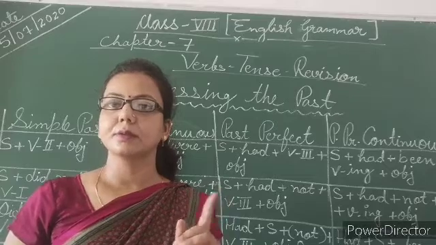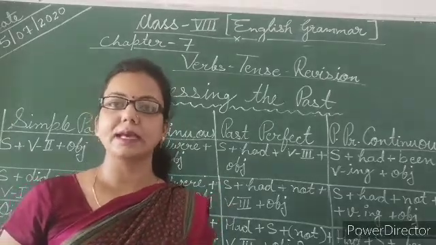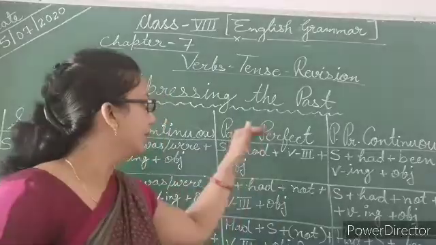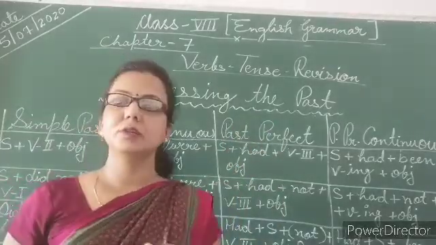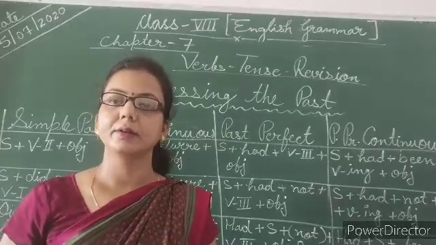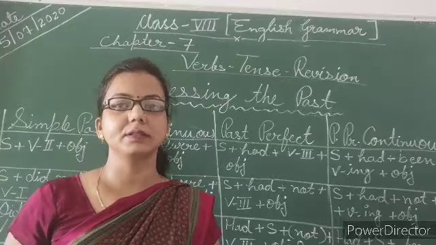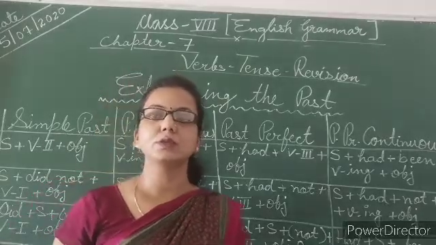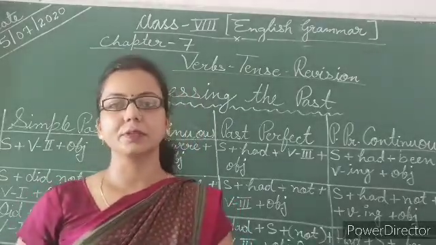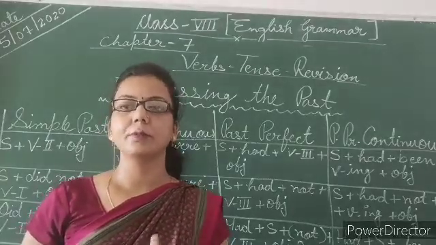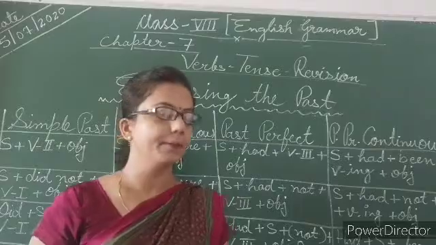In present, we used has or have according to the subject, but for past perfect we need to use only had, whether the subject is plural or singular. So we need subject plus had plus verb's third form plus object. This is a very simple format.